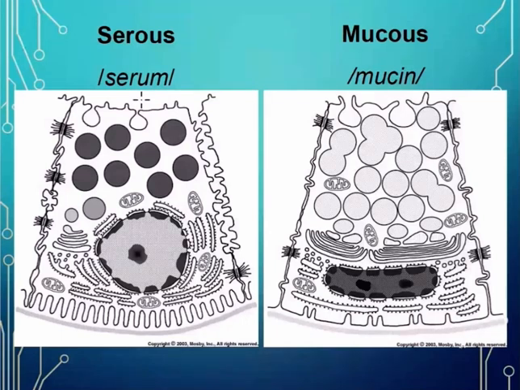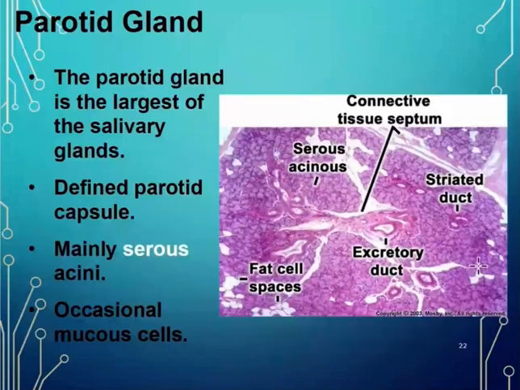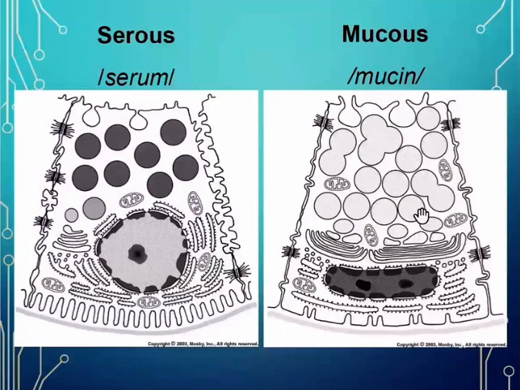We've said already that some types are nerve-mediated, some types are spontaneously mediated. We have two types, either serous or mucous, and they are different. We have some differences between the serous acini and the mucous acini, which secrete mucin.